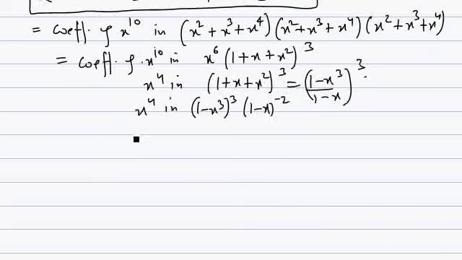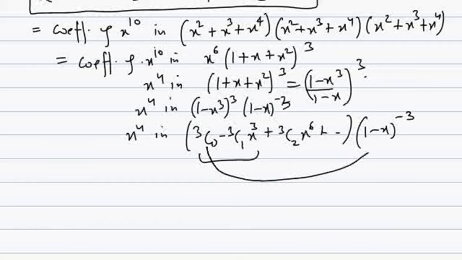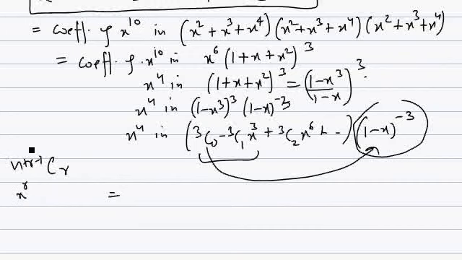And if you apply the binomial theorem here to find x to the power 4, we open this: 3c0 minus 3c1 x cube plus 3c2 x to the power 6, and so on. Now you can see only the first 2 terms can produce x to the power 4, not the other terms, right. We multiply x to the power 0 with the x to the power 4 term from this bracket, and using the formula n plus r minus 1 c r as the coefficient of x to the power r, we want x to the power 4 from here.